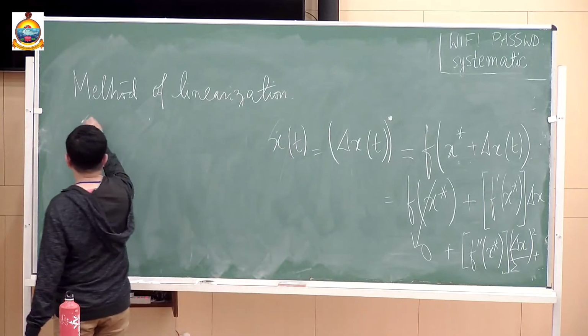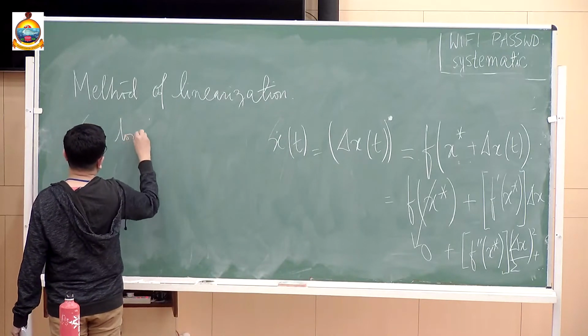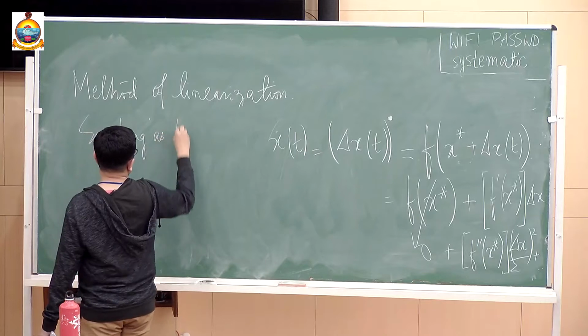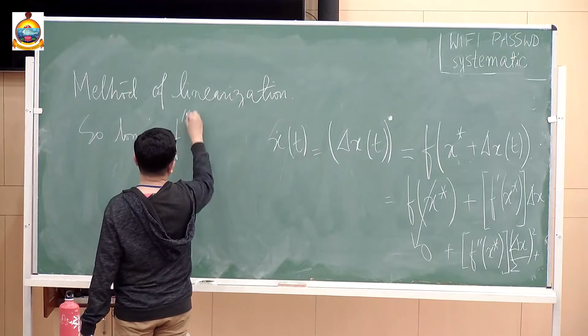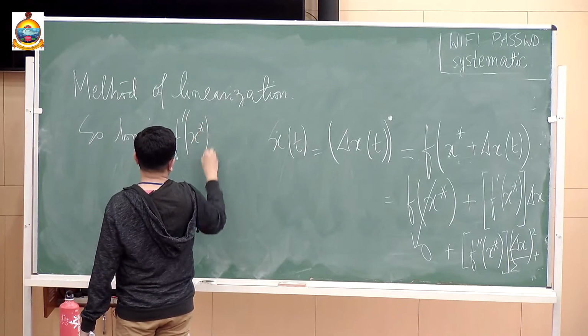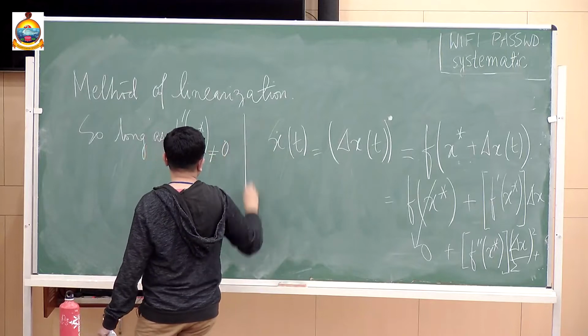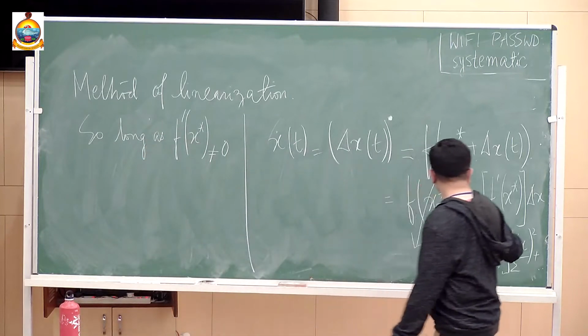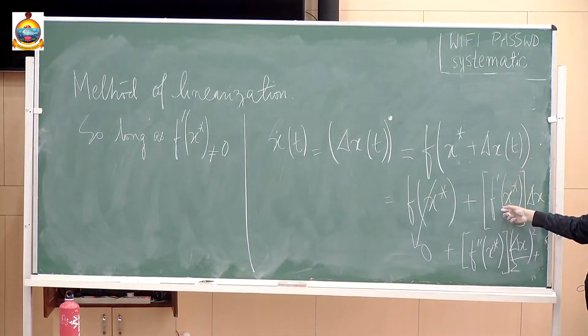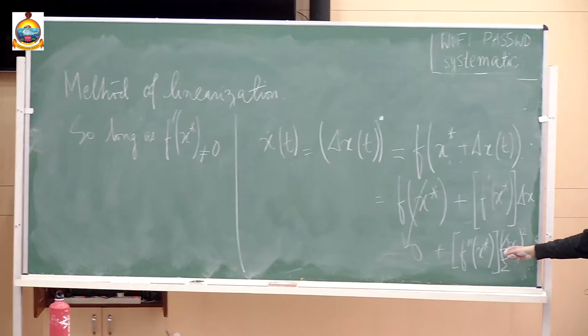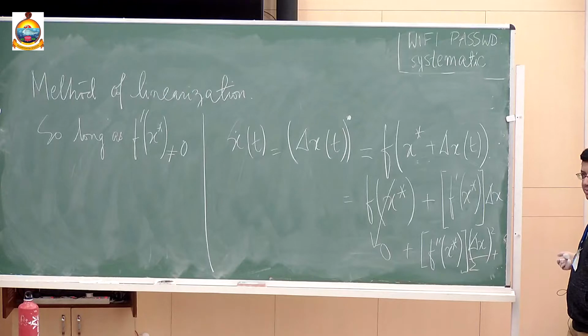So long as f prime of x star is not equal to 0, I can always choose a delta x small enough such that I can neglect higher order terms.